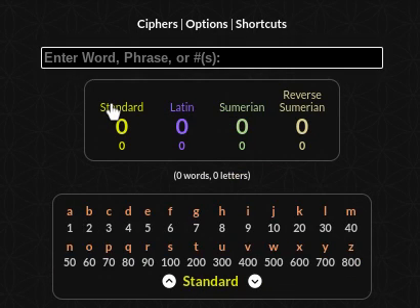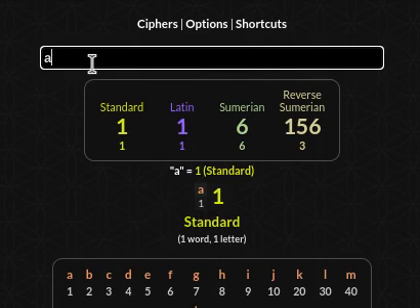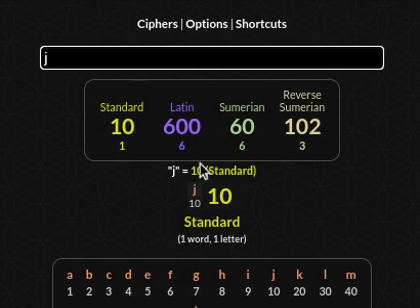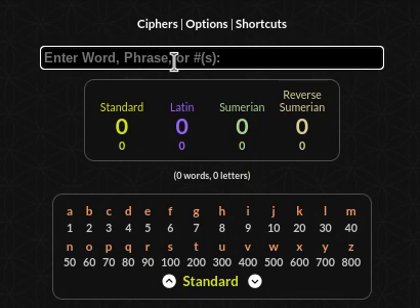Now we're going to go over the standard. Standard has the same value in the first 10 letters, just like the English ordinal, where A is 1, all the way to J is 10, but after J we're adding 10 more to each letter.